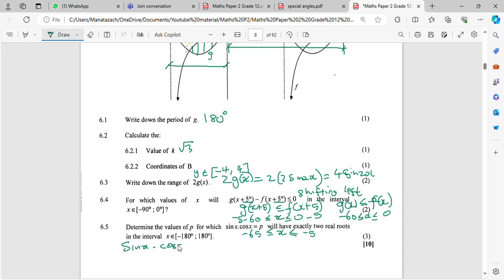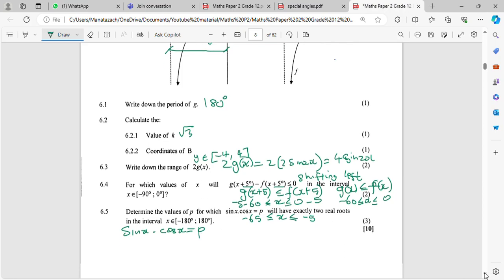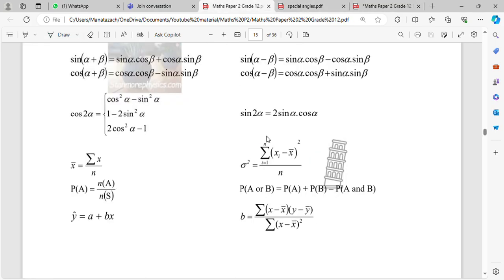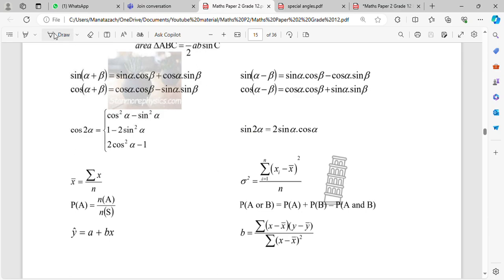In this format, it doesn't really look familiar to us, but we're able to rewrite it in a way that's familiar to us. I'm just going to take you back to this formula. Hopefully you can remember this formula. So I'm going to use this formula. So you have on the left hand side something which looks like this. And then we can simplify this to that.